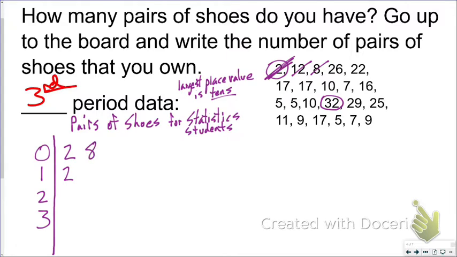For the 26, I write a 6 next to the 2. All right, this is where it starts to look weird. For the 22, I'm going to write a 2 next to that 6. So this one sole number right here, 2, resembles 22. This one sole number right here, the 6, resembles 26.